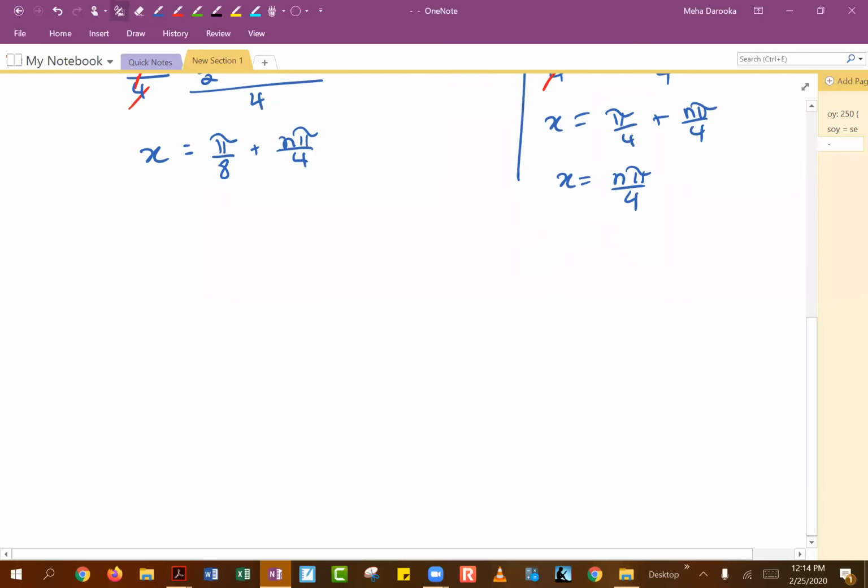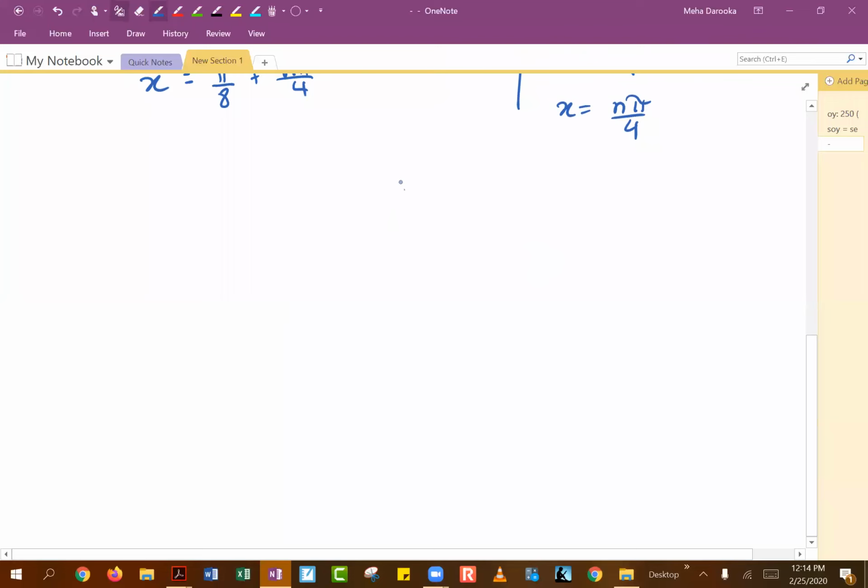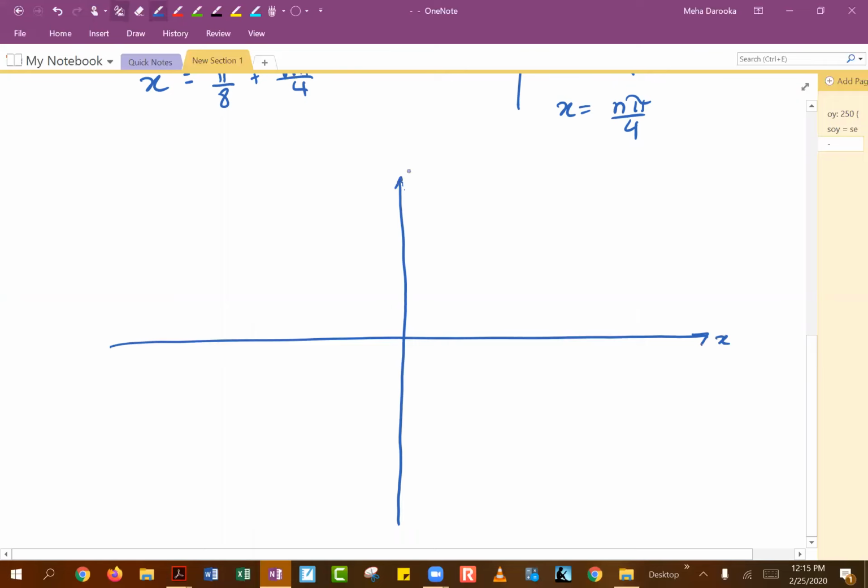All right, now here comes the interesting part. And this is very, very interesting when you try to graph this. And I have not been very successful at making it look neat and clean. Remember, these curves are going to be sandwiched between our x squared and negative x squared values. And we're going in increments of pi over 4.